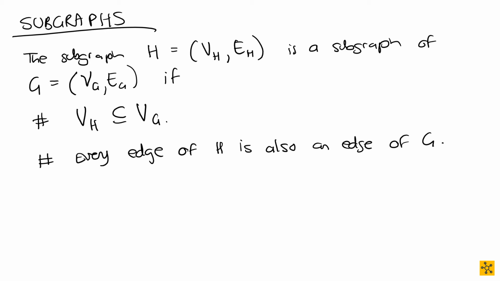We can literally just say it as EH is a subset of EG. In other words, all the edges in your subgraph H have to have featured in your main graph.